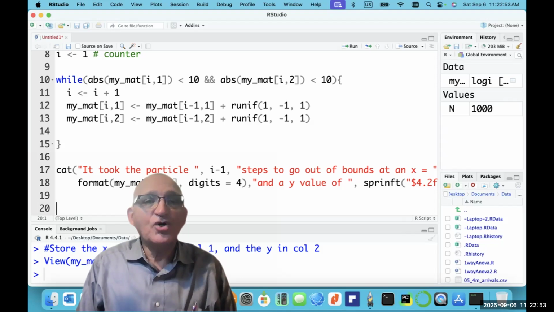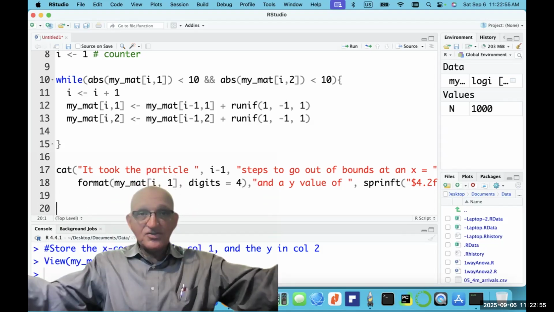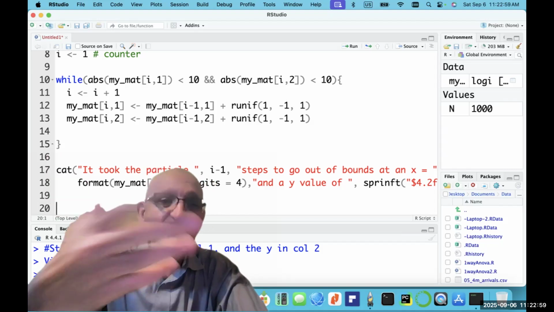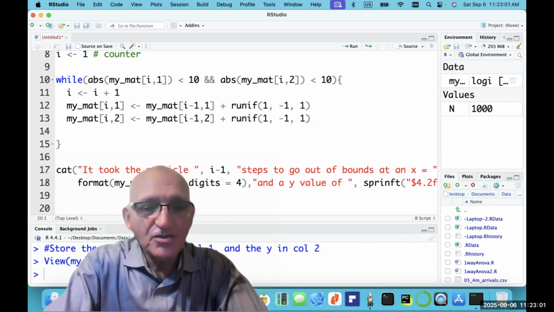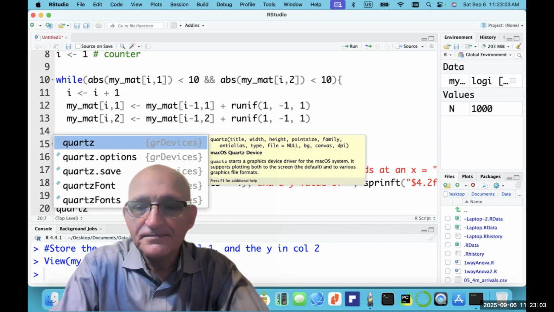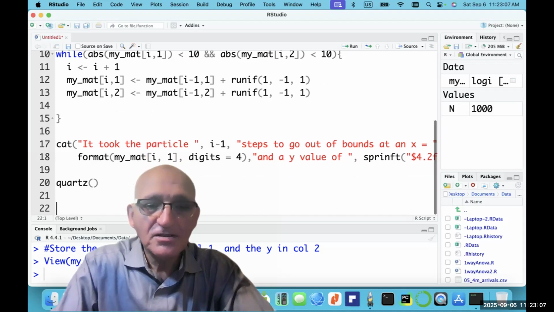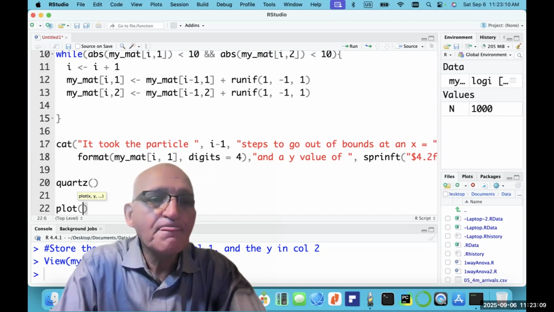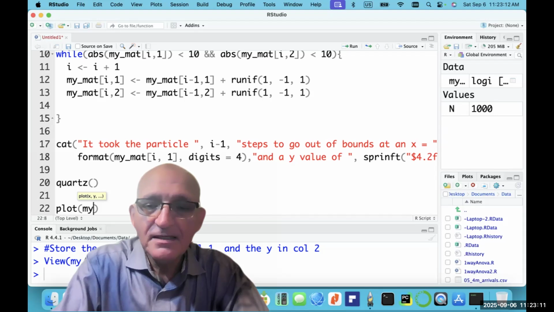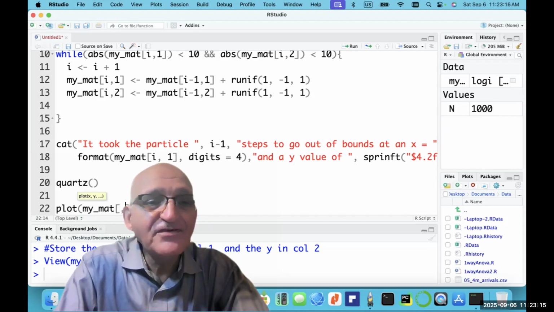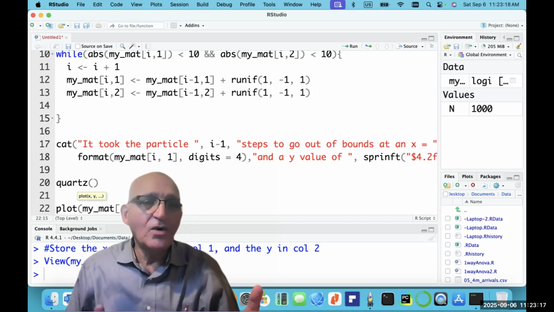After that, I'm going to open the screen to plot. So remember, if you are using Windows, you type windows. If you are using a Mac, you say quartz. And then you're going to plot. So I'm going to plot my mat, everything in 1, not I and 1.